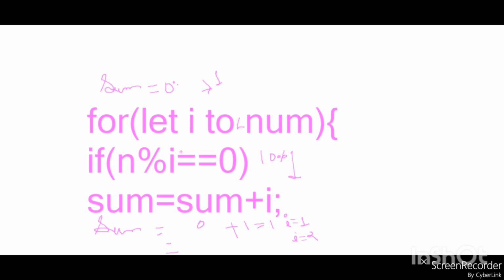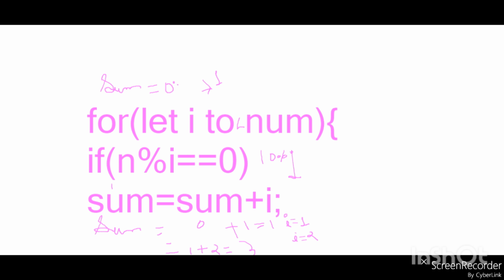Now i is 2, and the condition is satisfied here. Now the sum we got for 1 is stored as 1, and now it is going to be 1 plus 2, that is 3. So now the new value is 3 basically.